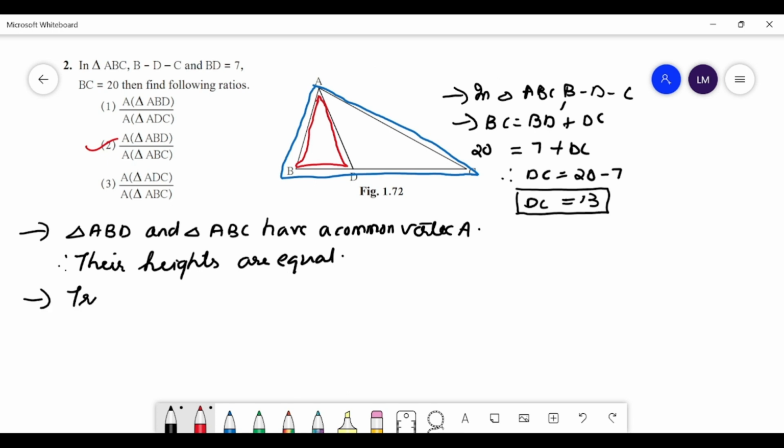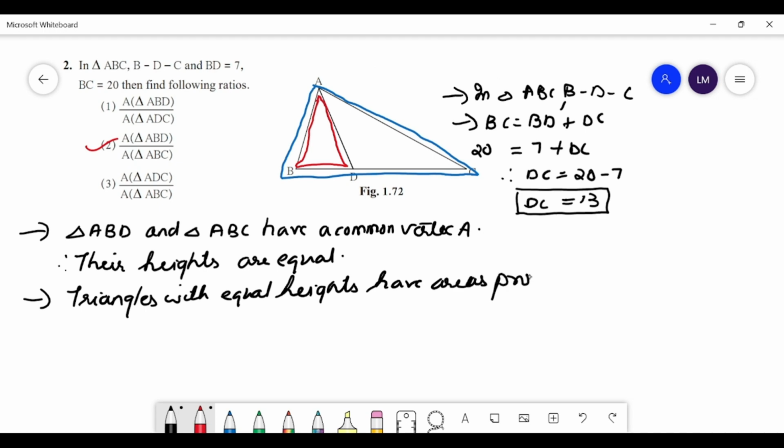Now, triangles with equal heights have areas proportional to their corresponding bases.